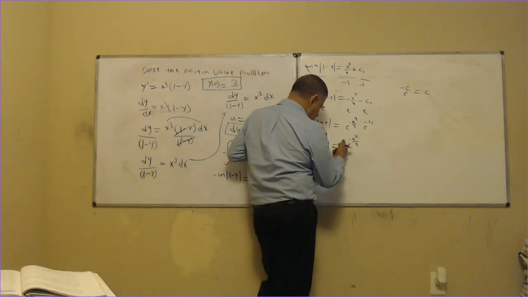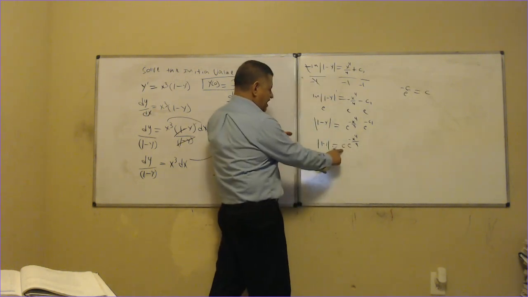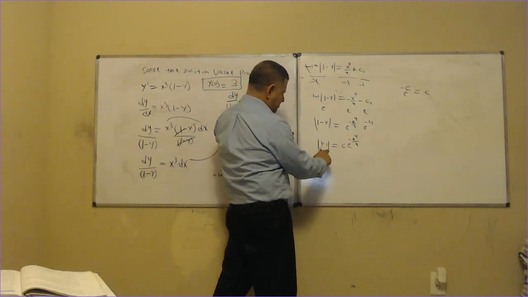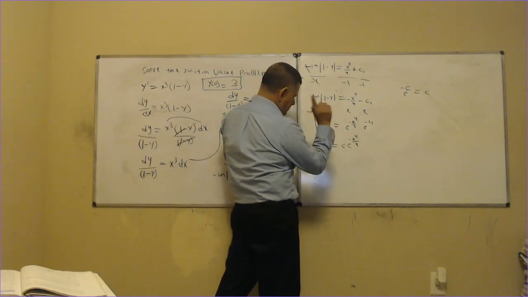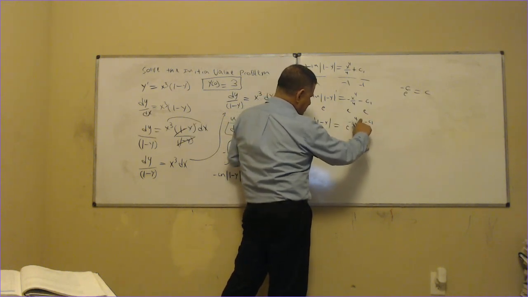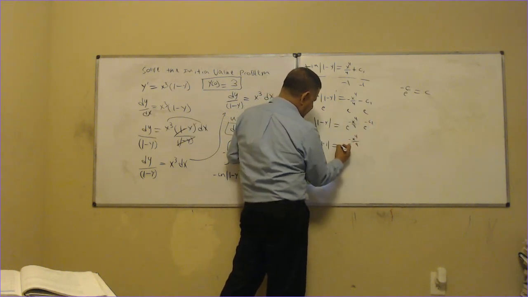I know that this is a simple constant. Then I can get rid of this absolute value, and we have to be careful because that's a negative C. A negative C still taking place over here.